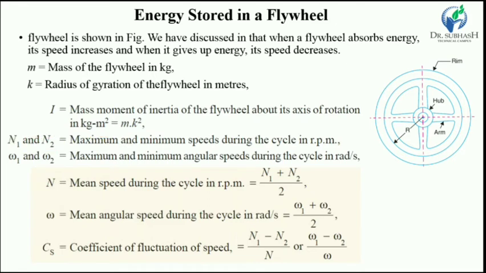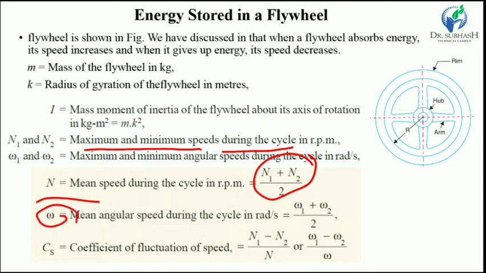N1, N2 are the maximum and minimum speed during the cycle in RPM, and omega 1, omega 2 in radian per second, the maximum and minimum angular speed. Now N is the mean speed during the cycle in RPM, so (N1 plus N2) upon 2, and omega is the mean angular speed during the cycle in radian per second, so (omega 1 plus omega 2) upon 2.